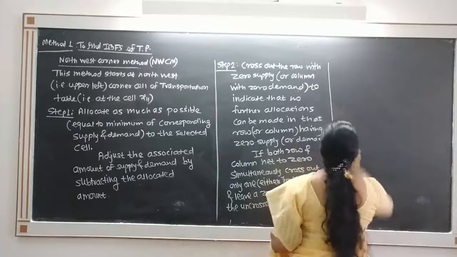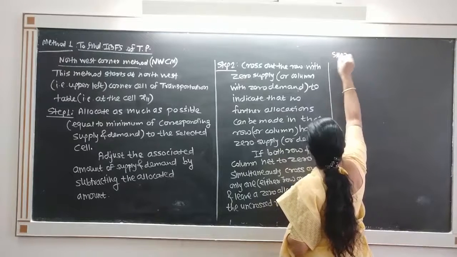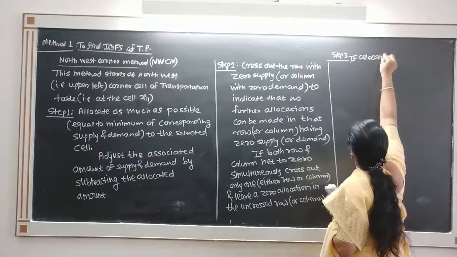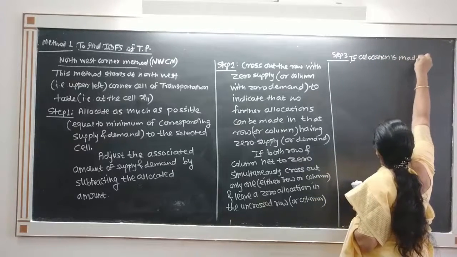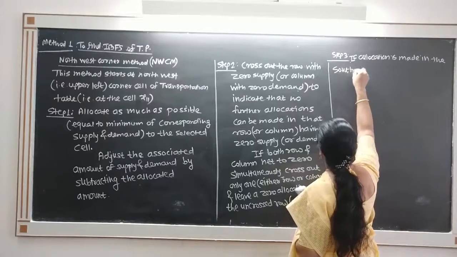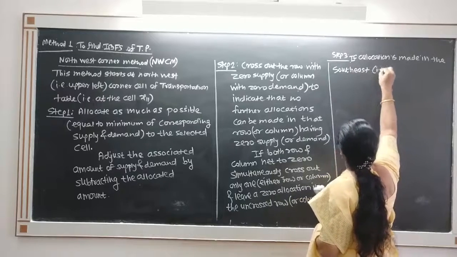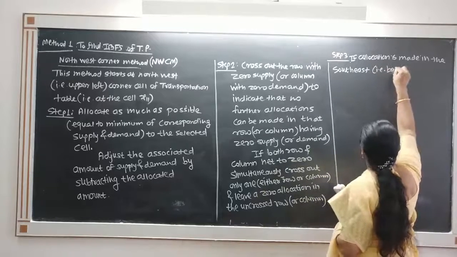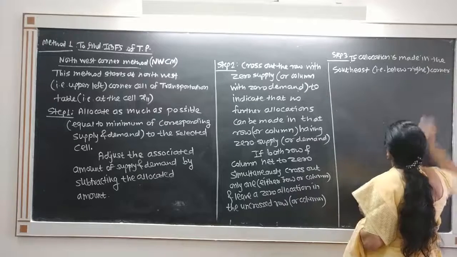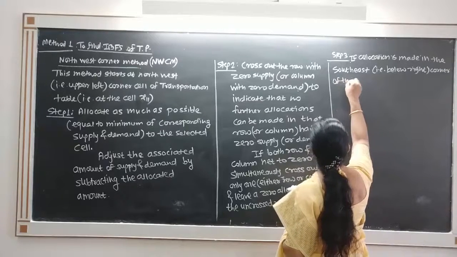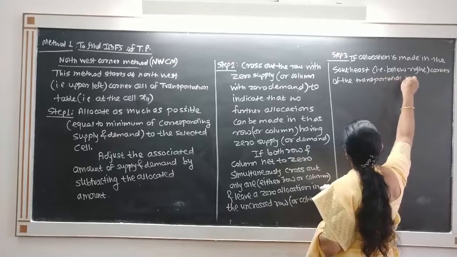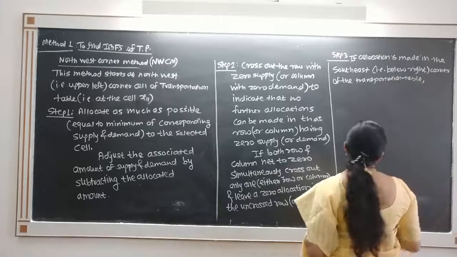Step 3 is, if allocation is made in the southeast corner, that is the below right corner of the transportation table, stop.